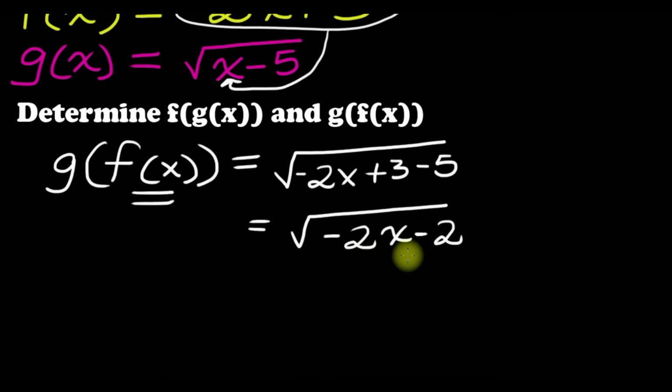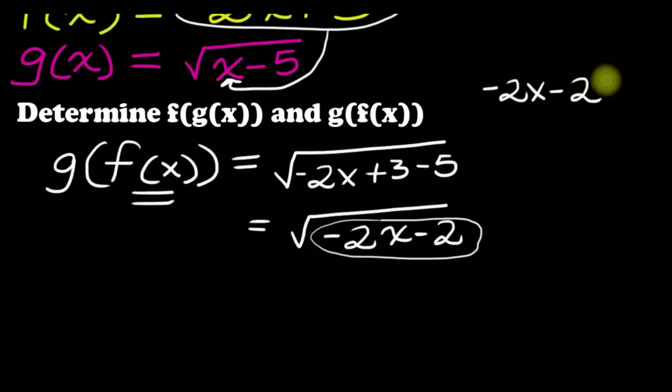So we have to find out what x cannot be. This expression right here, whatever x is, when you plug it in and work this out, it has to come out to 0 or greater than 0. So we're going to set that expression, negative 2x minus 2, greater than or equal to 0, and then solve for it.